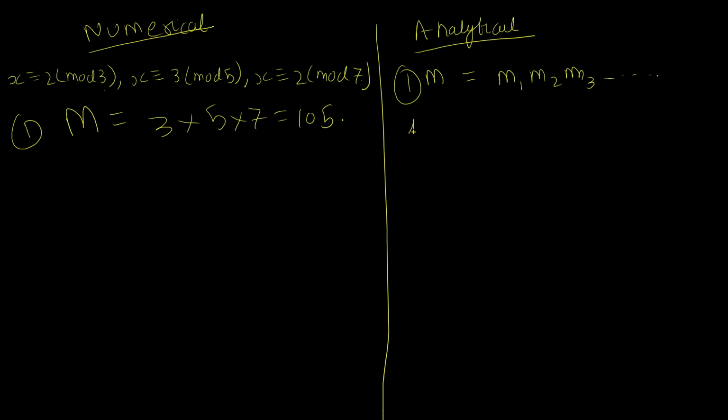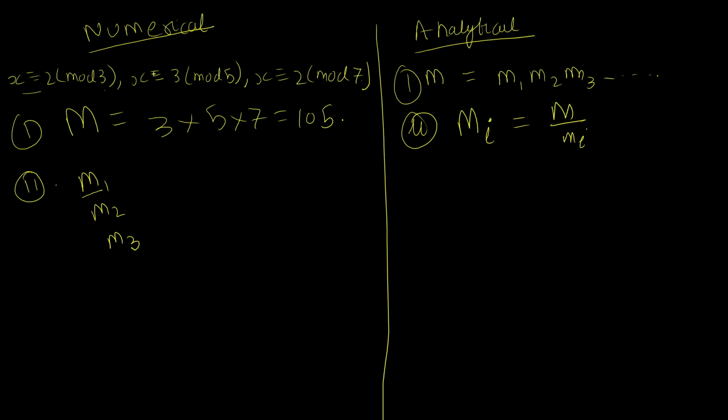Okay, now the second step that I want to follow is to consider the product of every modulus except itself. So I'm going to call it Mi, and it's going to be M by mi. It's going to be really clear over here on the numerical side. So all I'm doing is calculating M1, M2 and M3. You should understand that M1 corresponds to this equation, M2 corresponds to this one, and M3 corresponds to this equation.